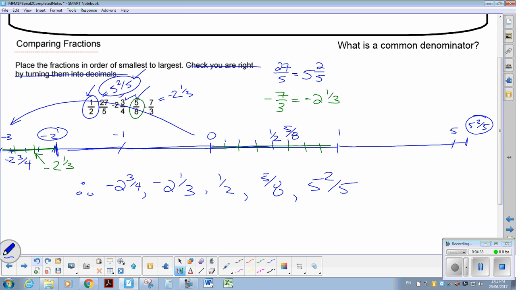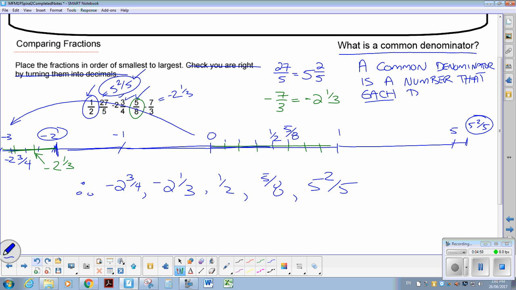So over here, there's a question in the top corner. If you have a little bit of space, what is a common denominator? Okay. So a common denominator is a number that each denominator divides into equally.